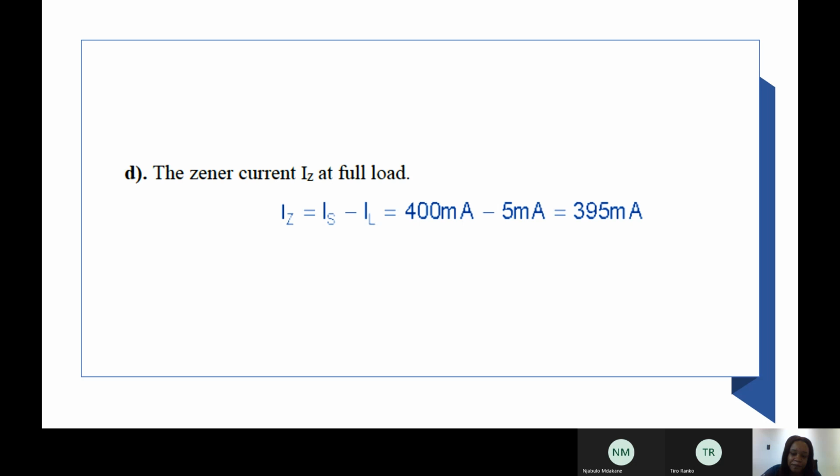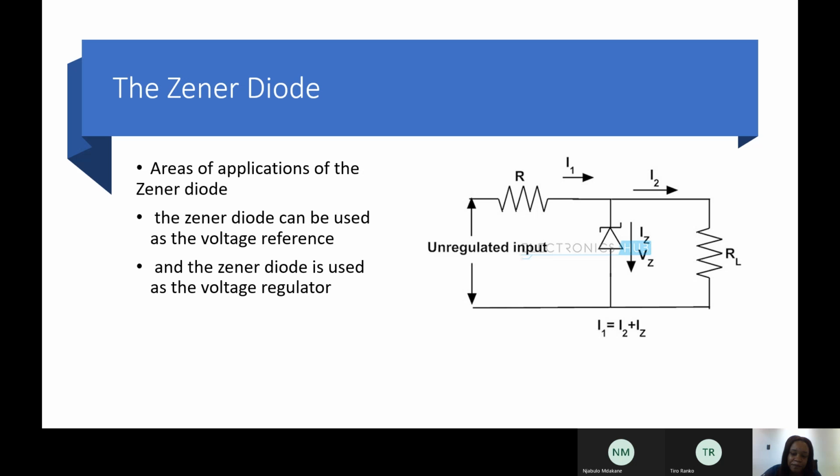This Zener current is the current going through here. I told you the current splits when it comes to parallel. At this point, the current goes there and there. Remember Kirchhoff's current law: the same current that comes in is equal to the current coming out. So I1 is the sum of IZ and I2. That's how we get I1. If we have the value of this resistor and the series values, we can find I1.